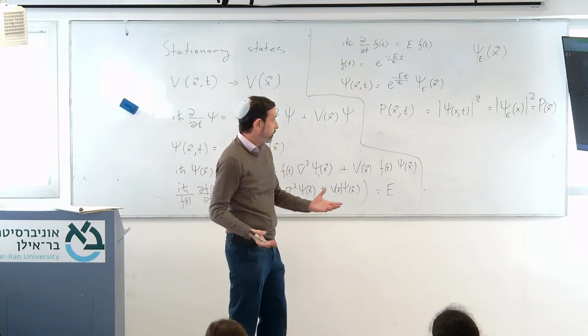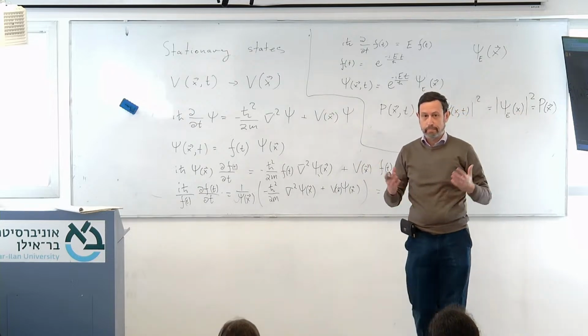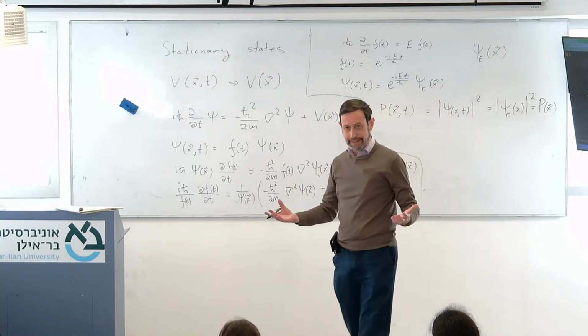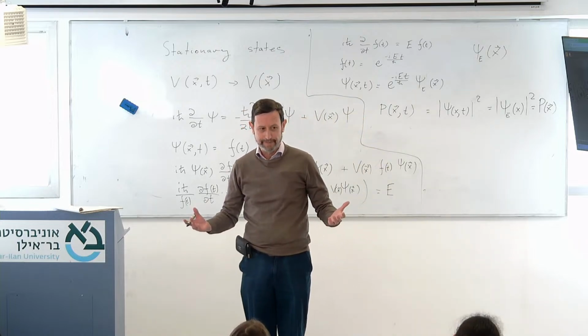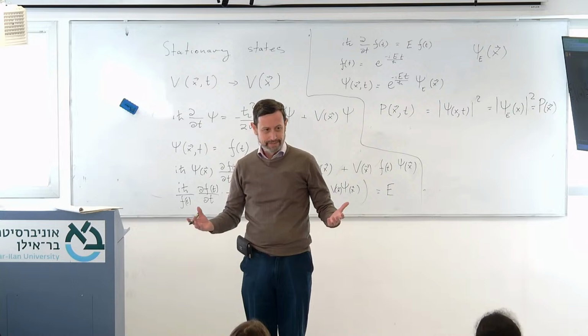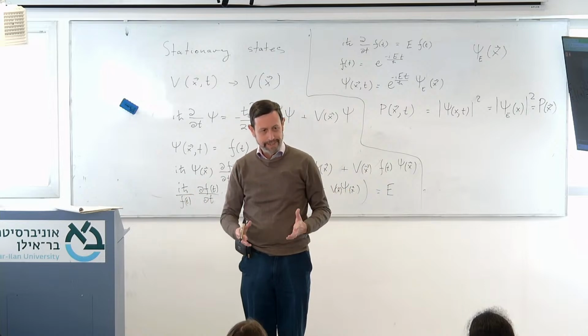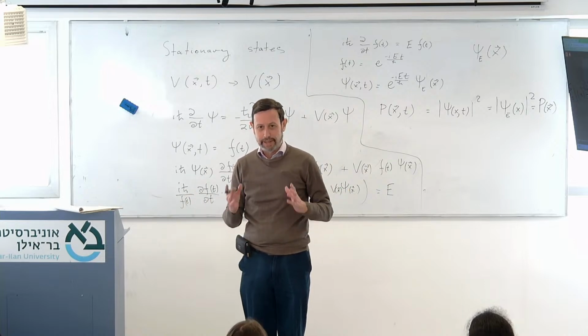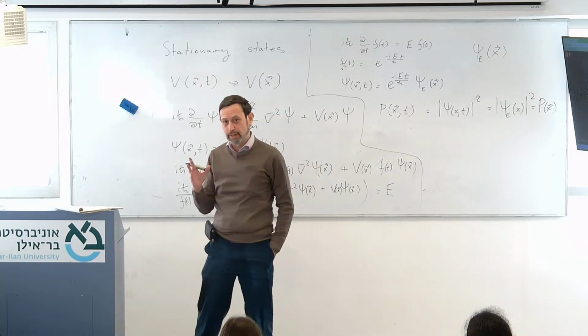For the simple reason that the probability of finding this particle anywhere around the hydrogen atom doesn't depend on time. You can measure it today, tomorrow, in 200 years, and you will still have the same probability. Why? Because the potential doesn't depend on time.